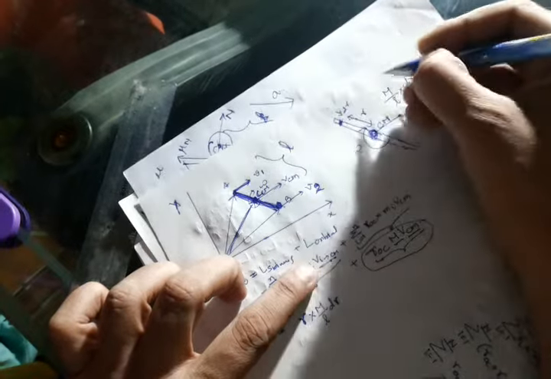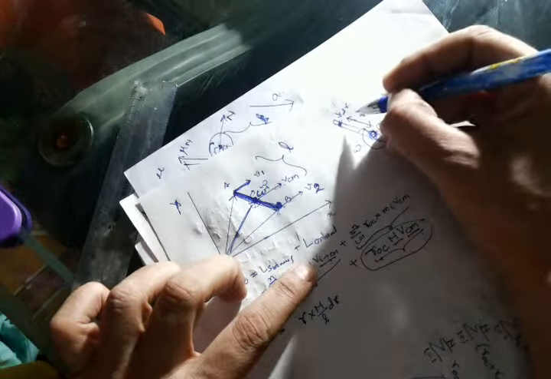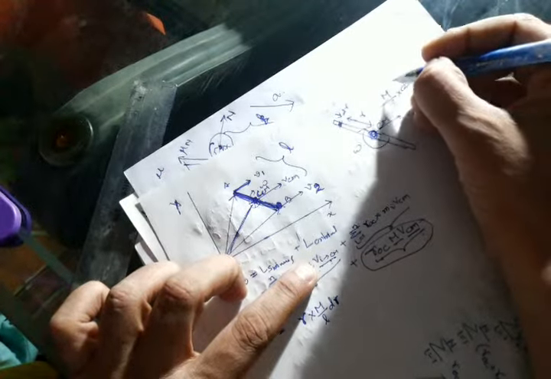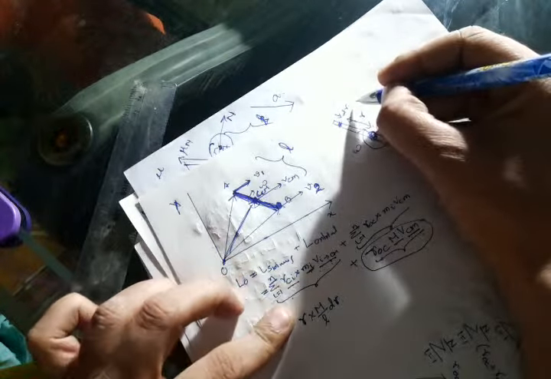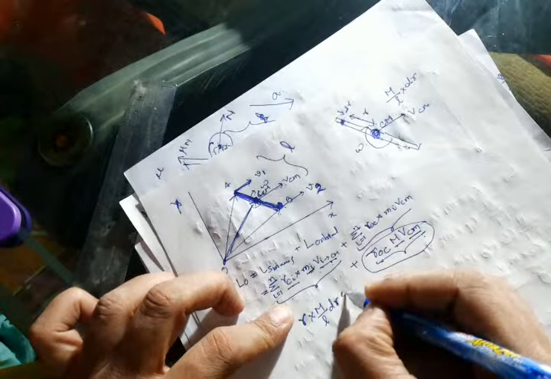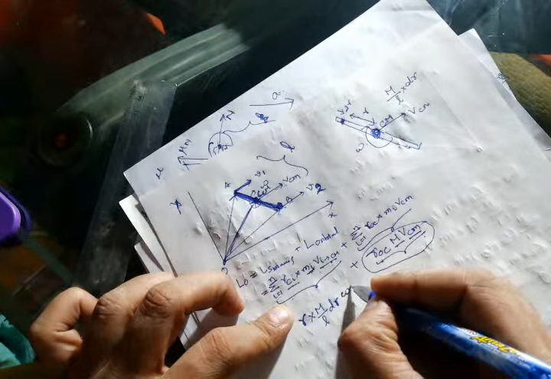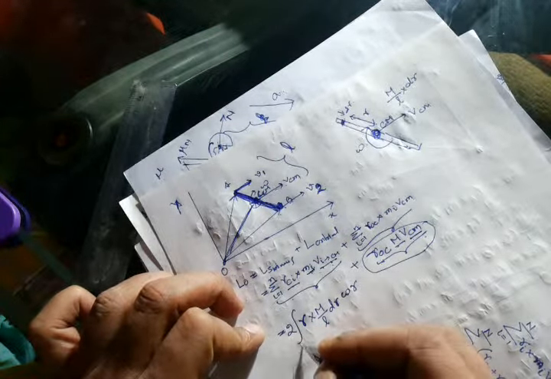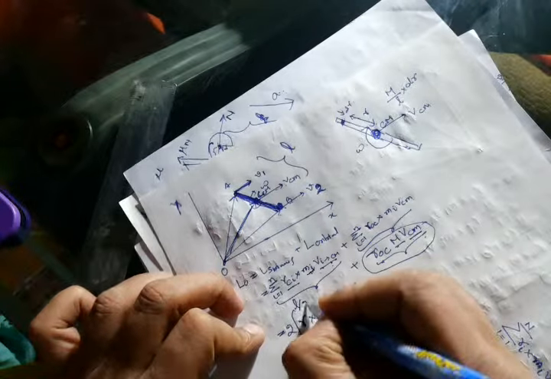So this will be omega into r, and I want to calculate it 2 times from 0 to L by 2.